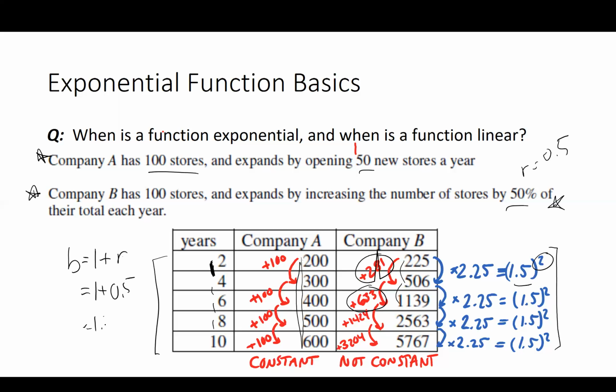So my b is 1.5. So in order to grow by 50%, I've got to take my starting point, which was 100, and multiply this by 1.5 x number of times to get to the number of stores that I have after x years.